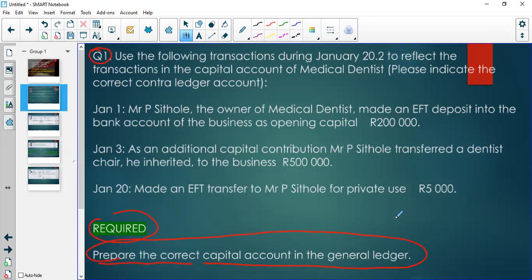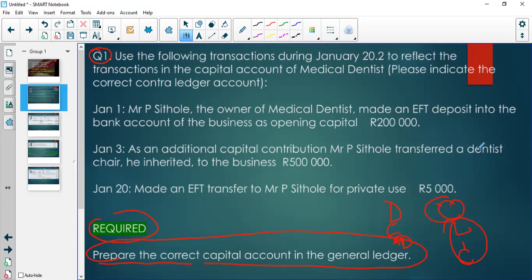Capital, as you know, is part of the credit side. For capital accounts, we only have credit entries. That's one account where you never have a debit entry. You only have credit entries.